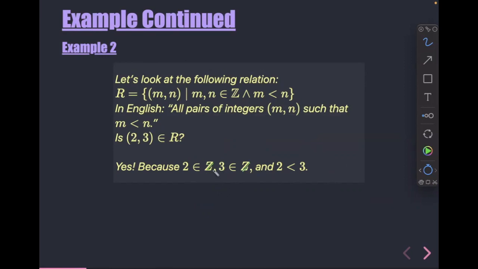Since 2 is an integer, 3 is an integer, and 2 is less than 3, this property up here holds, and so we're good. This means that this m, n is in this set R. So one way you could say it is, 2, 3 is in R, because this relation describes this pair 2, 3.